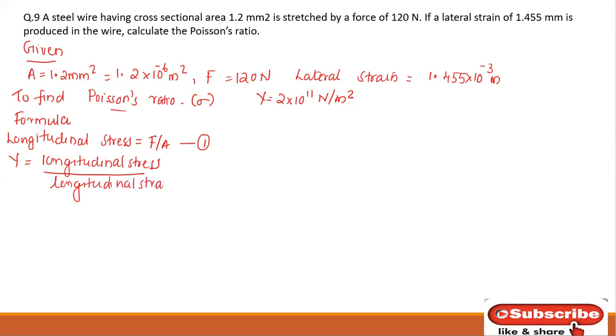Stress by strain is called the Young's modulus. Equation number 2. And Poisson's ratio sigma is equal to lateral strain upon longitudinal strain. Let it be equation number 3.